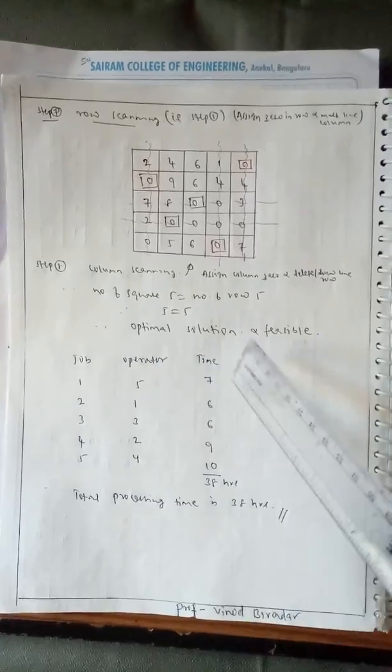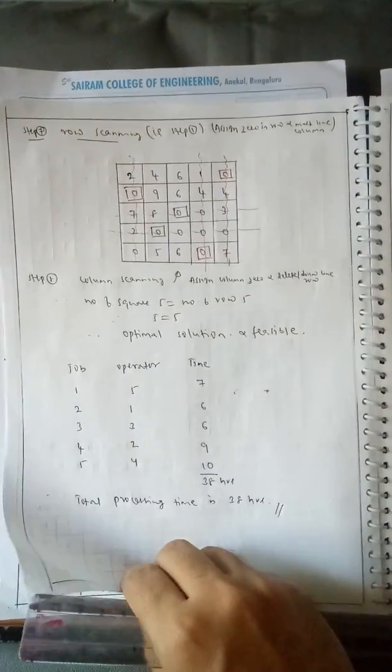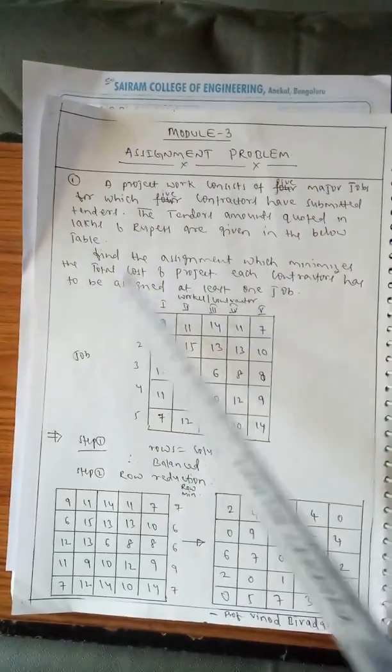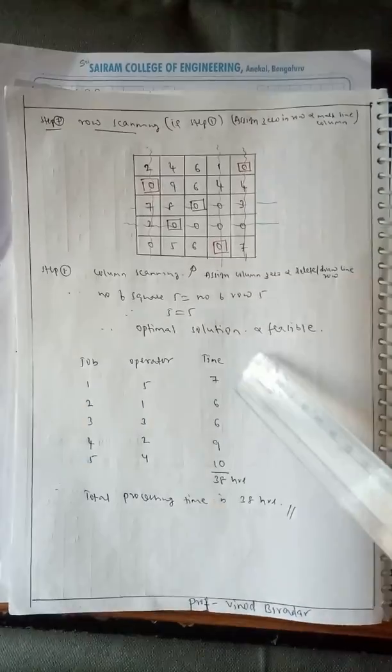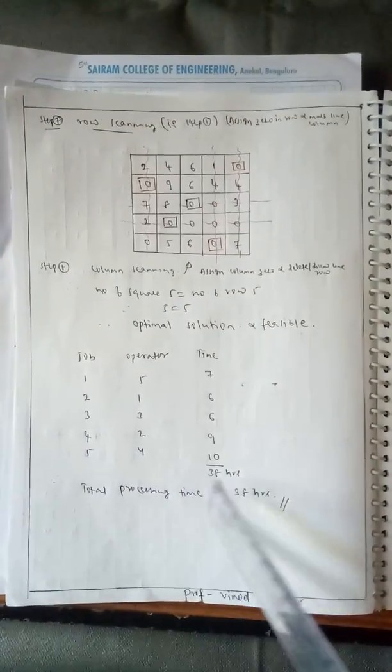For the first operator, the first value is 7, so you write here 7. Next, similarly write 6, 6, 9, 6. Add the summation of these and you will get 38 hours, therefore the total processing time is 38 hours.